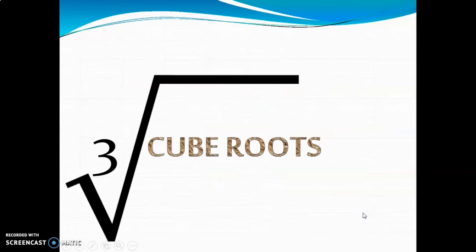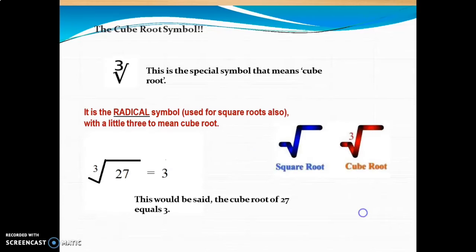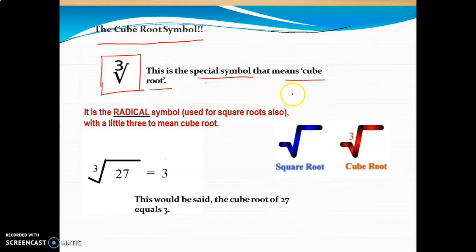Next we have the cube root. How do you represent the cube root of a number? This is the cube root symbol. Can you see this? This is a special symbol that means cube root, and the sign is known as the radical sign, the radical symbol, which is also used for square root.